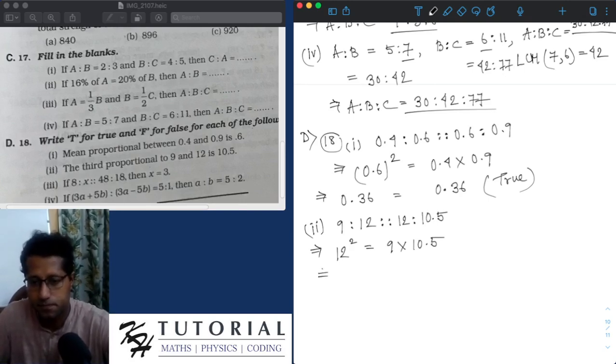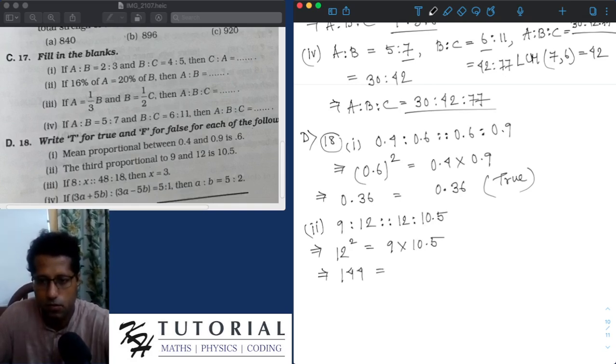12 square is 144. So 144 equals 10.5 multiplied by 9, which is 94.5.